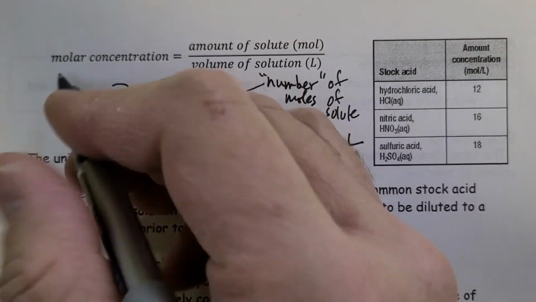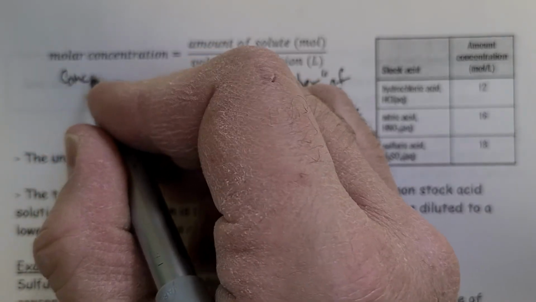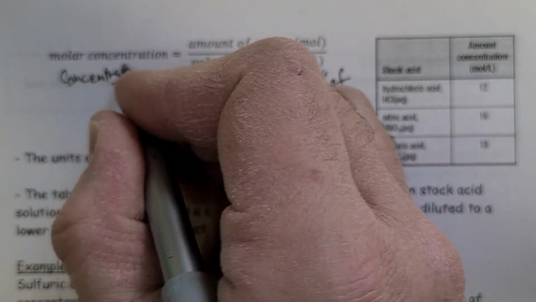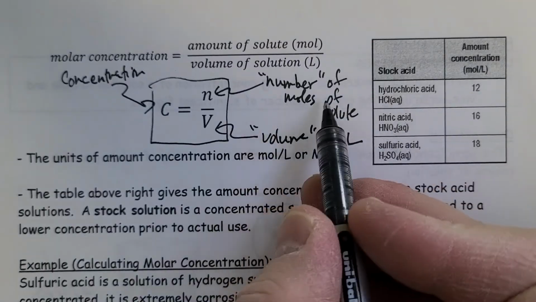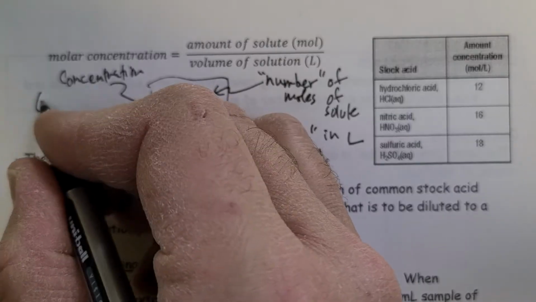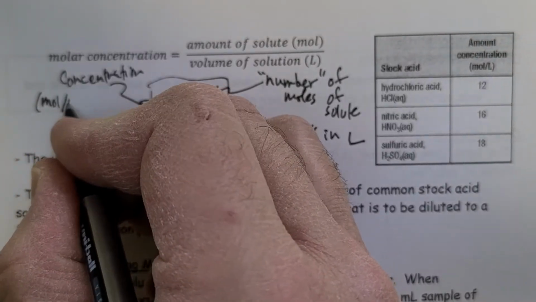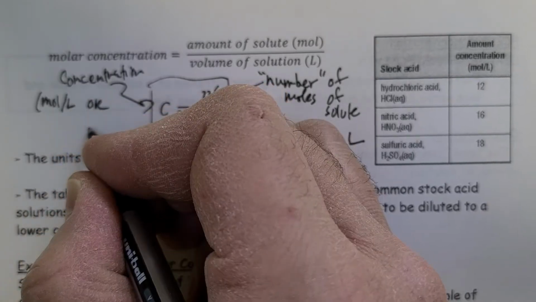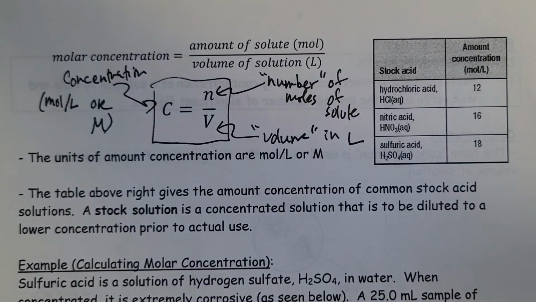And of course the big C is concentration. And as you can see, we're going to have moles over liters. Moles per liter, or as I mentioned on the first page, big M for molar.